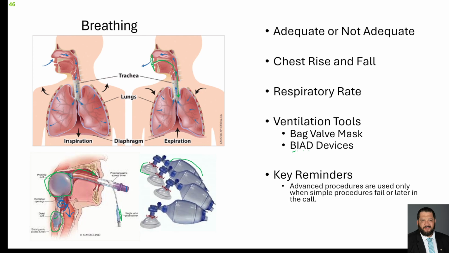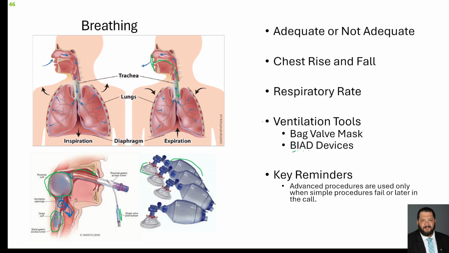Now you're able to deliver directed ventilations into the trachea, so it's getting directly to the lungs. That bypasses the esophagus to prevent gastric insufflation and delivers a bit better ventilation when used appropriately than a bag valve mask by itself. Okay, a lot of information there, I know. We'll cover a lot of this in lab. You'll get to put your hands on these pieces and it will make a little bit more sense.